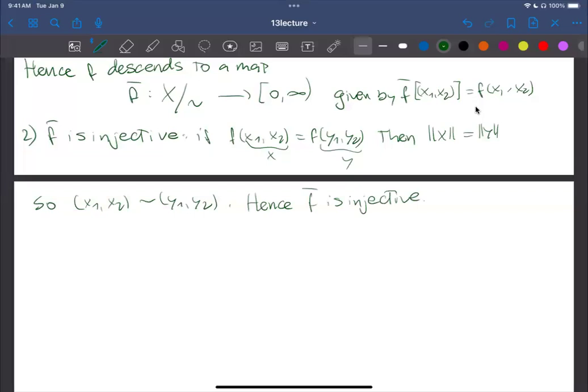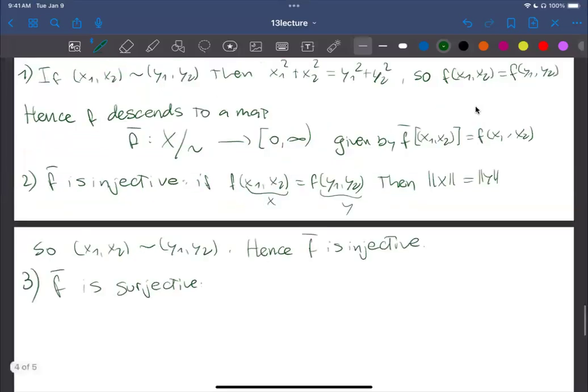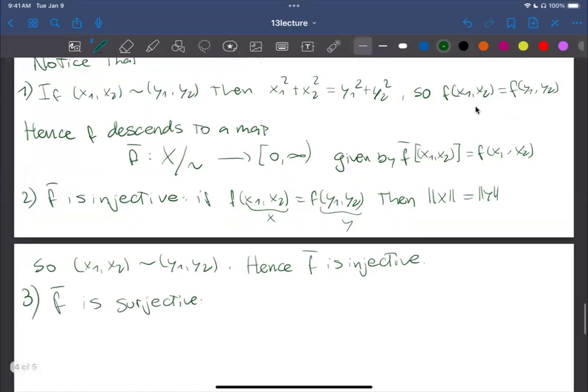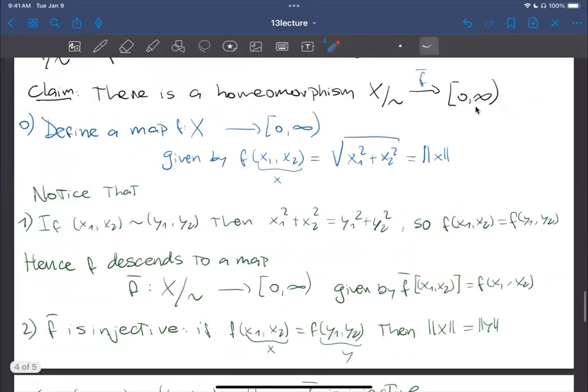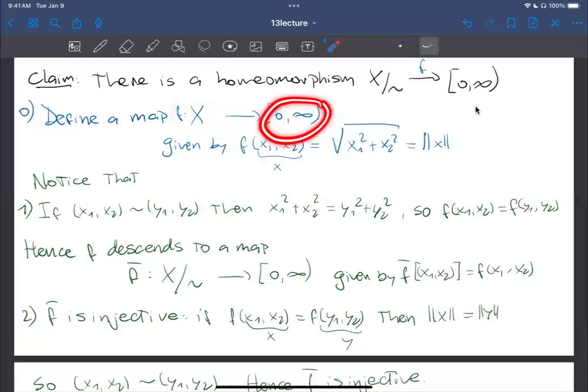Okay, so far there's no topology involved. It's going to continue like that for this point. We're going to notice F bar is surjective. Well, remember the image of F bar is exactly the image of F. And our F is, of course, when we go up to our F, since we're considering this set here, it is going to be surjective.